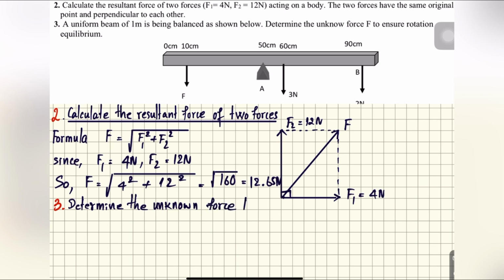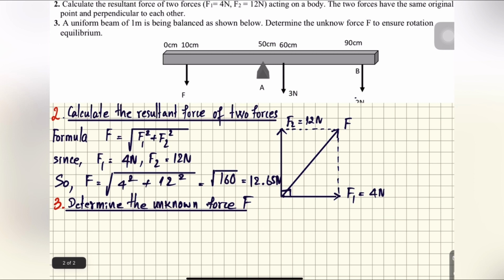Unknown force F. You may use the equation that we have related to the turning effect of force. Let's take a look at our free body diagram. We got two moments in clockwise.